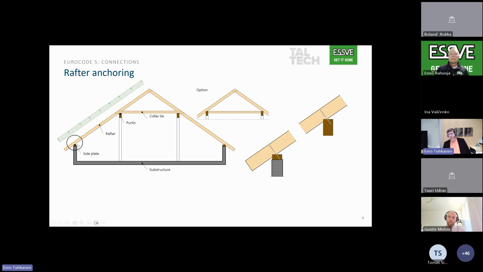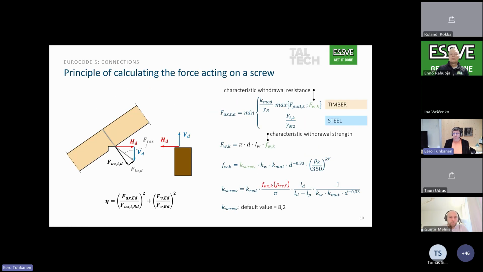And then we need to find how much force we have to take in this connection. And here is a principle. If we have these reactions from the calculation software, we can find the resultant, or the force which we have to take with the screw.